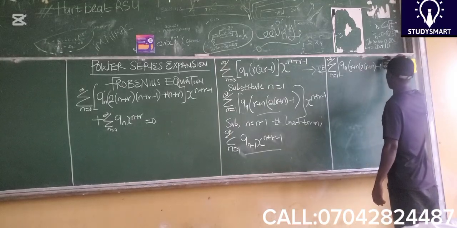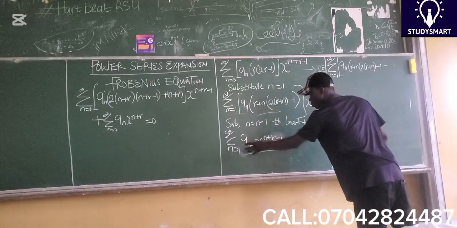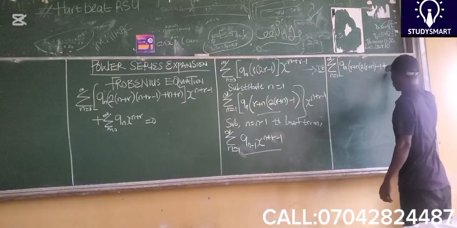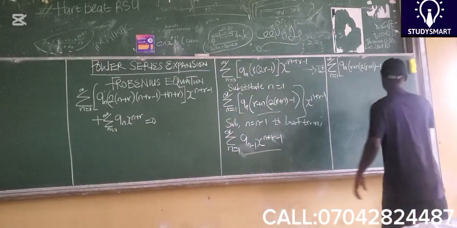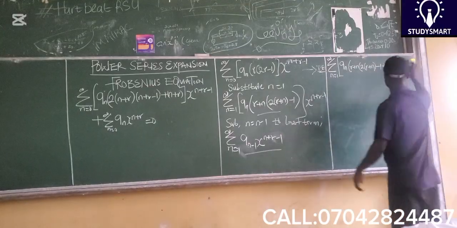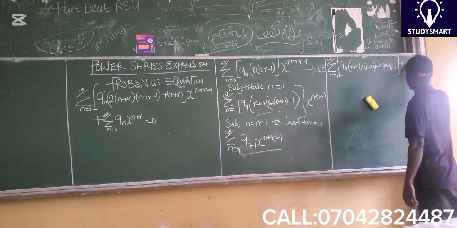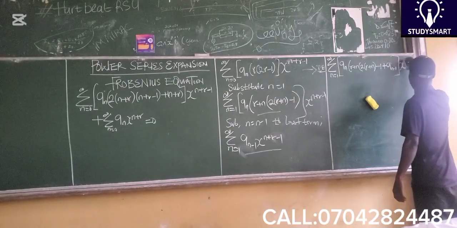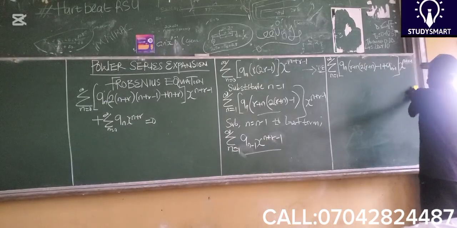Plus, because I'm adding it to this, and the sign here is carrying plus. And I have this a subscript n minus 1, all multiplied by x to power n plus r minus 1. So this is what I have.